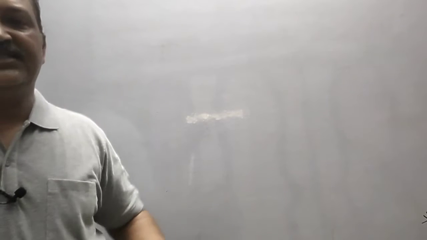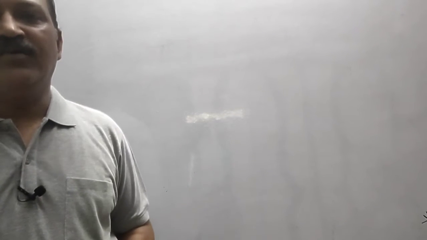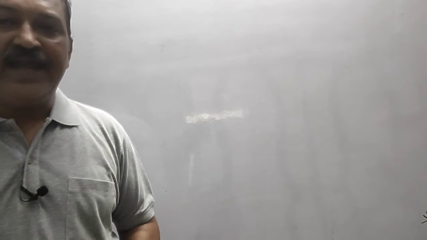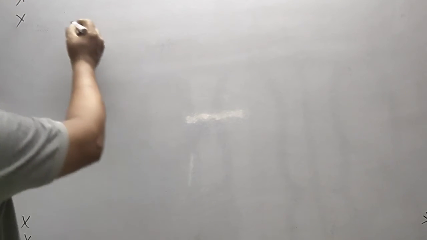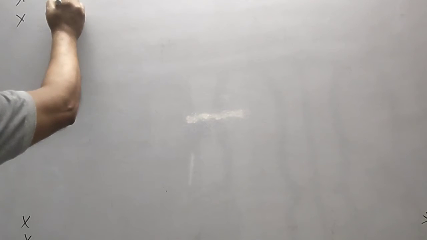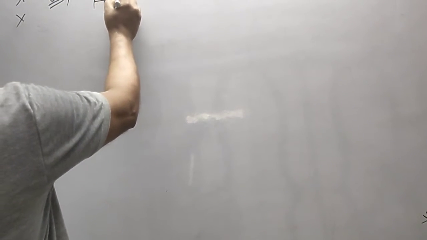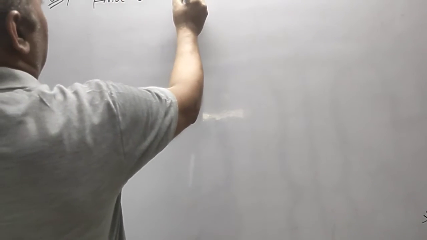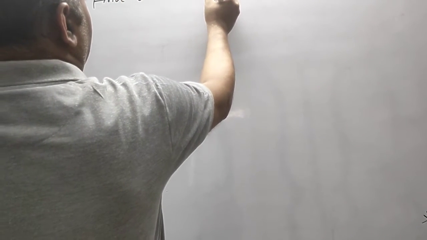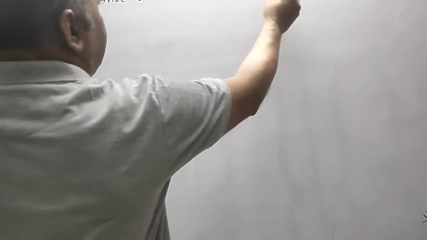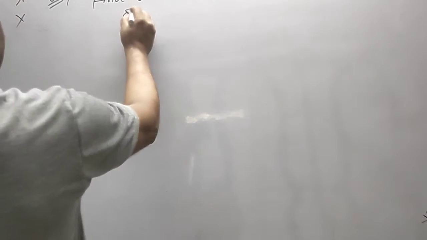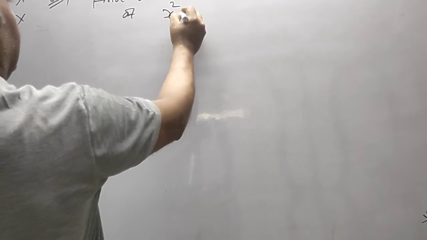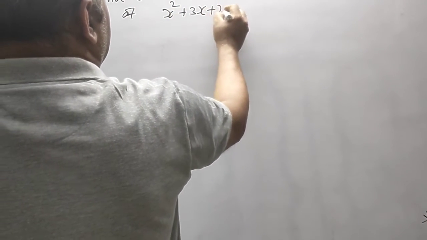Now let us discuss the application of the second order derivative. NCERT exercise 5.7, question number 1. Question number 1, find the second order derivative of x square plus 3x plus 2.